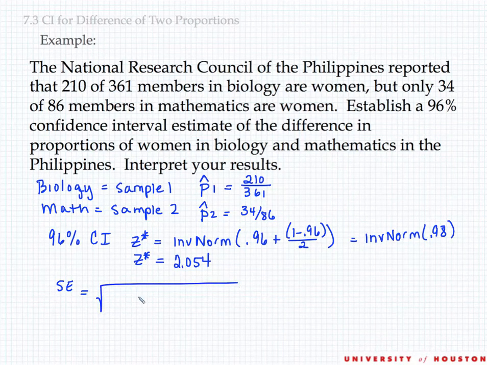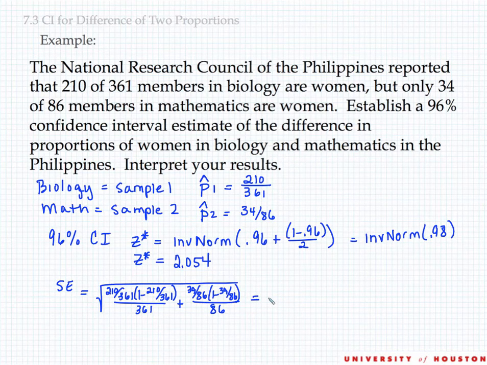Next, we need our standard error. That's going to be the square root of 210 out of 361 times 1 minus 210 out of 361, all over 361, plus 34 out of 86 times 1 minus 34 out of 86, divided by 86.